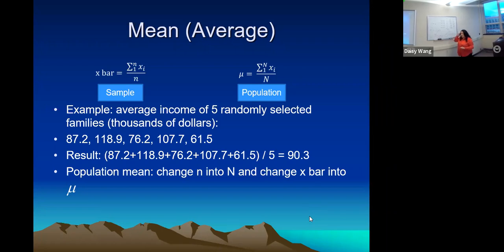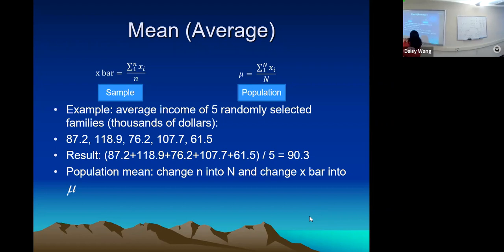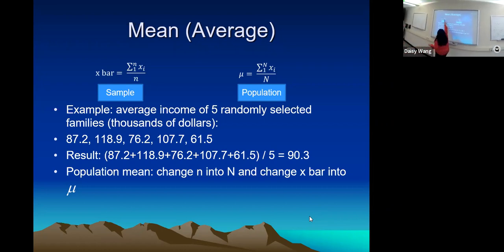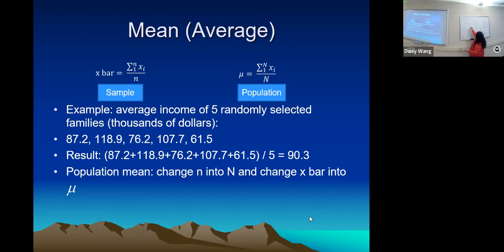For a sample, we also use a smaller letter n as the sample size, and for a population, we use the capital N. And instead of X bar, we use mu. It's called mu, not you, mu.